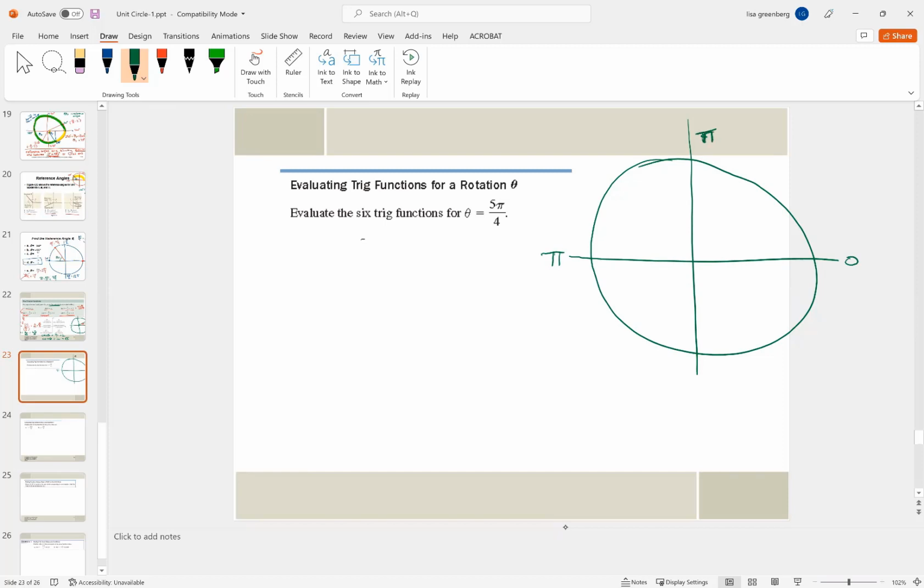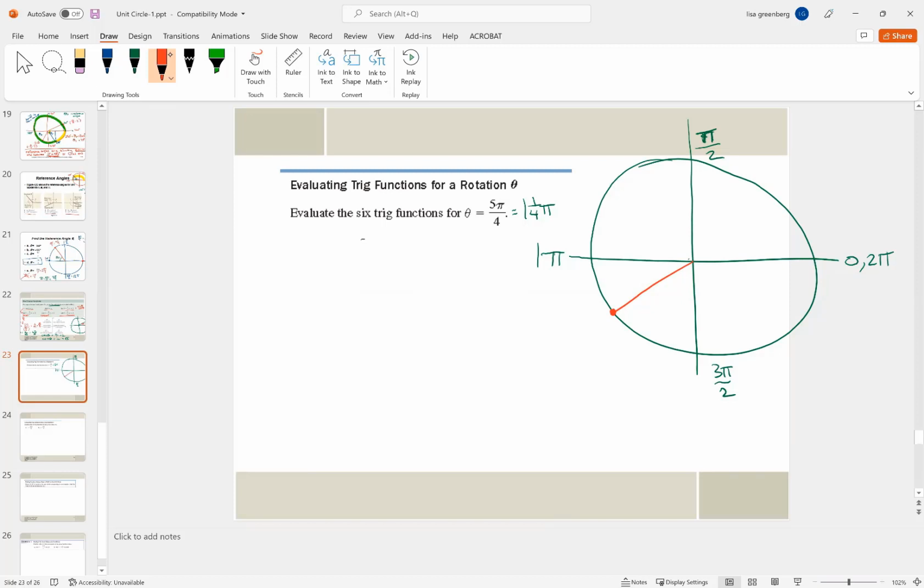What is that in a mixed number? 1 1/4 pi. Good. Which means it's more than 1 pi and less than 2 pi, so we know it's in the bottom. And then we see 1/4 is less than 1/2, which makes that point in quadrant 3.